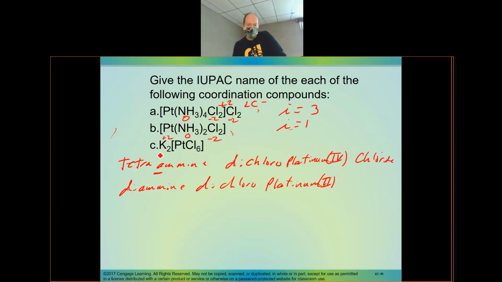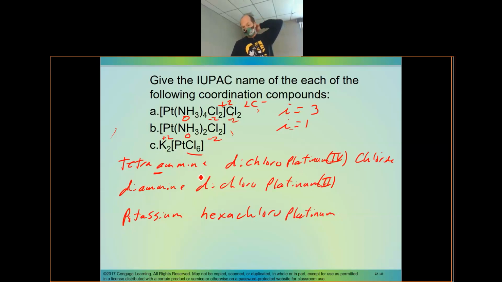All right, so in C, that's a new one here. We've got potassium. And then we have hexa, chloro, and then platinum. Now we need the oxidation number, but it's not going to be platinum once we see that this is a 2 K plus, and this is a platinum Cl6 -2.